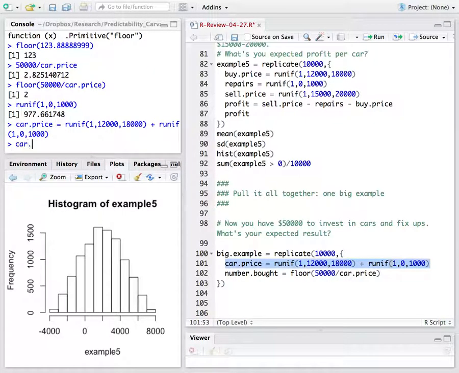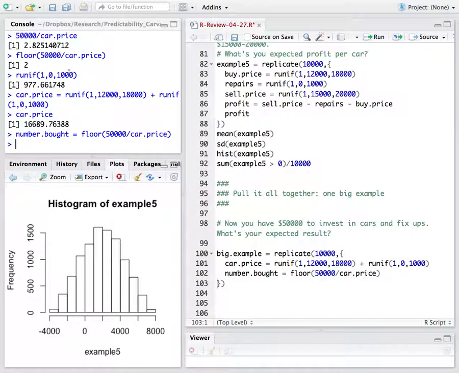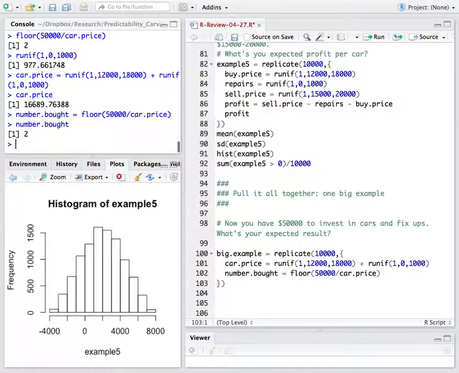So let's run it again. So now our random car price plus repair cost on this instance is close to 17,000. We'll run this next line again just for demonstration. We still have 2 cars. All right, so now we have 2 cars. They are bought and they are repaired. What do we do next as a business?